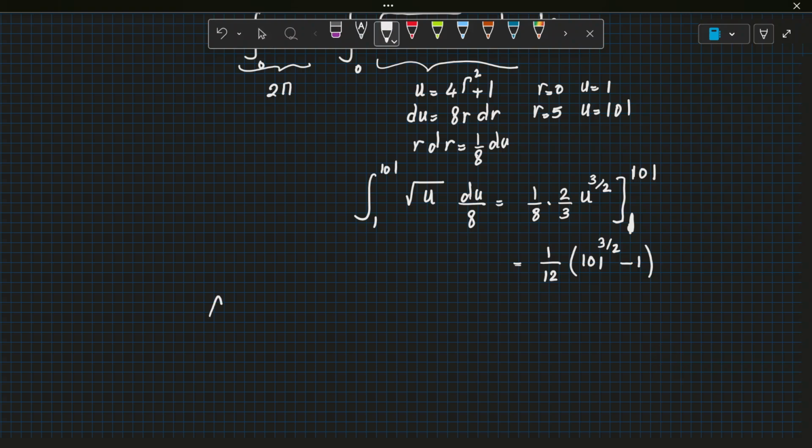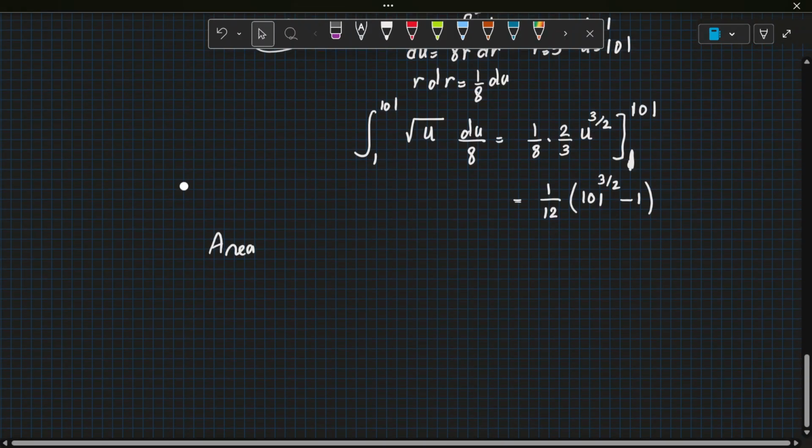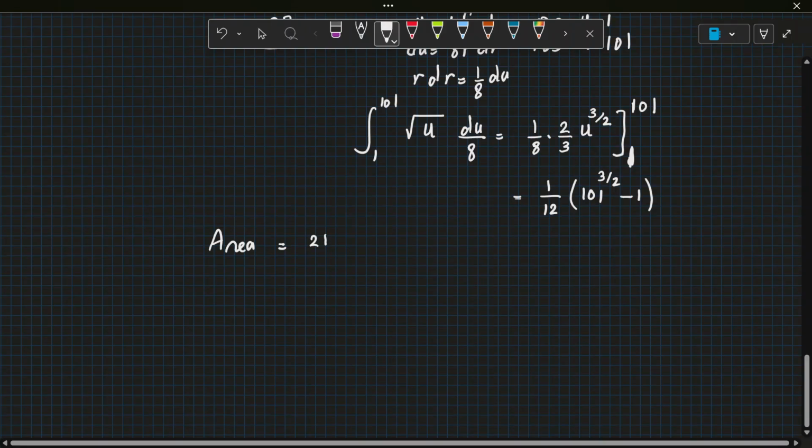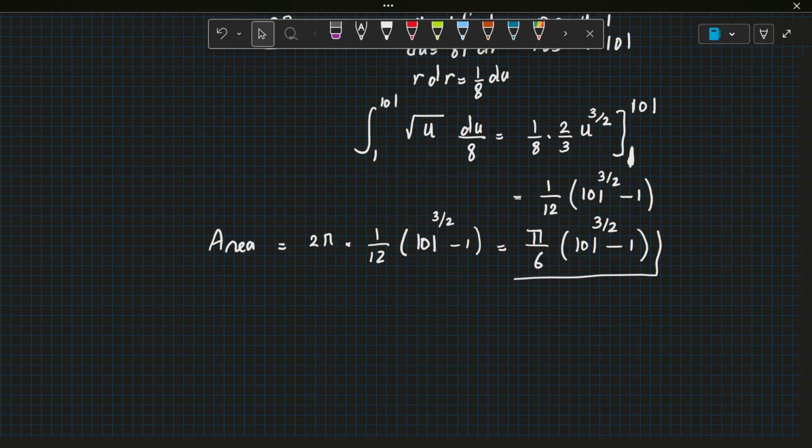So for the area, we had a factor of 2 pi here. We have to multiply that with what we have here. So the area is going to be 2 pi times 1/12 of this peculiar looking number. We do one minor simplification again: pi over 6 of 101 to the power of 3/2 minus 1. That becomes the area of this particular region.